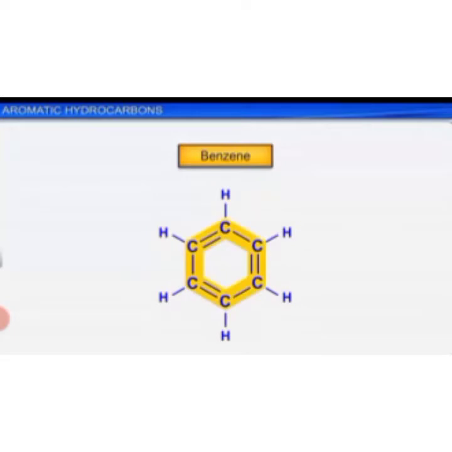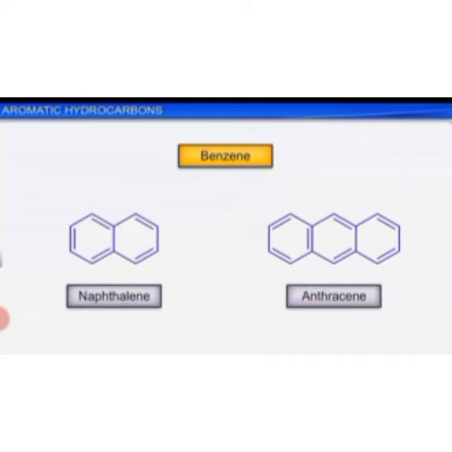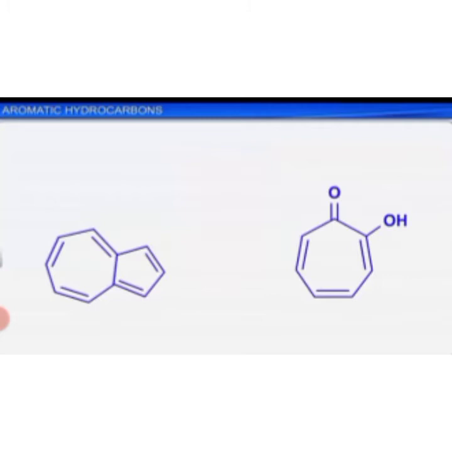Examples of aromatic hydrocarbons containing fused benzene rings are naphthalene, anthracene, and so on. Certain other aromatic hydrocarbons, such as azulene and tropolone, which do not contain a benzene ring, are known as non-benzenoids.